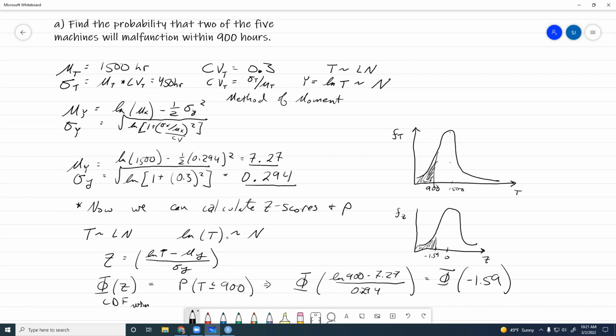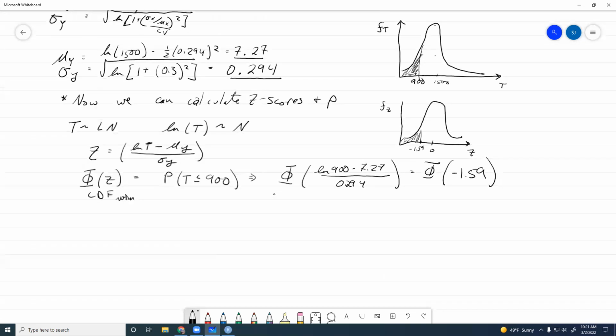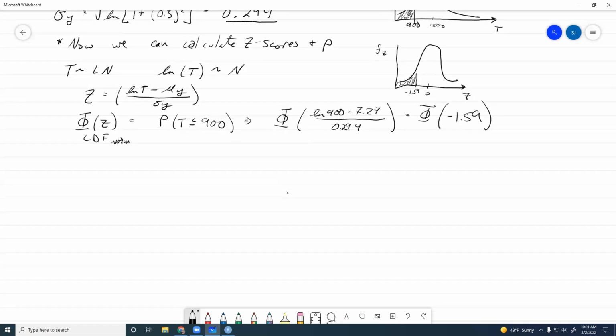So that's from our table, or do you guys remember the function in R that does that? pnorm. Yep, so pnorm in R. P is probability. This is the CDF function. And we would just plug in negative 1.59.